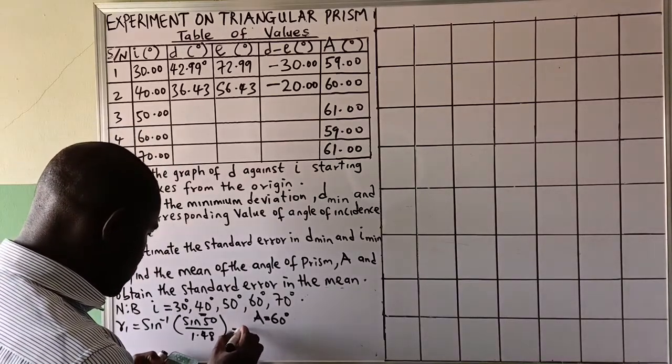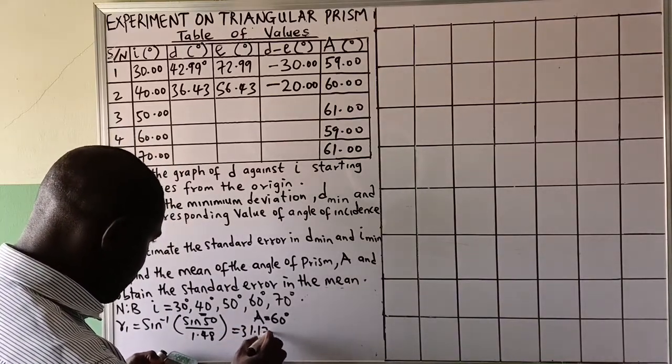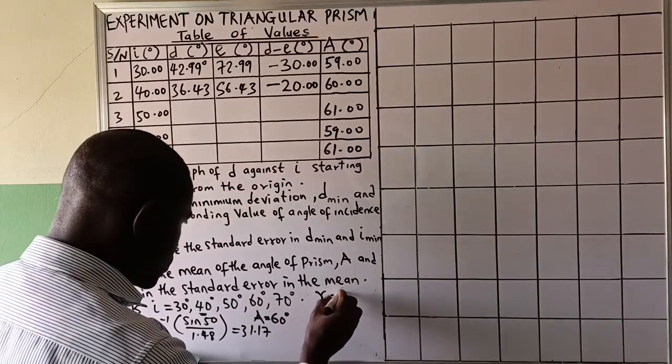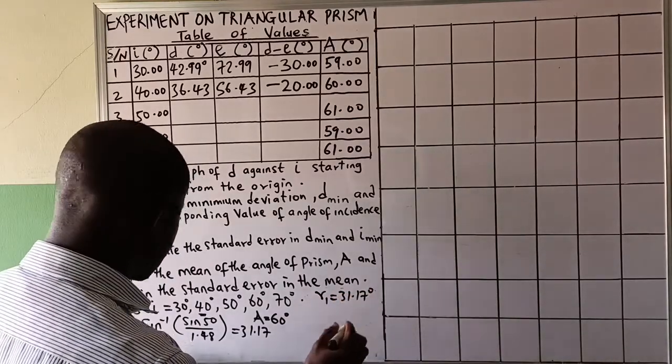That will be giving us 31.17. So R1 is equal to 31.17 degrees.